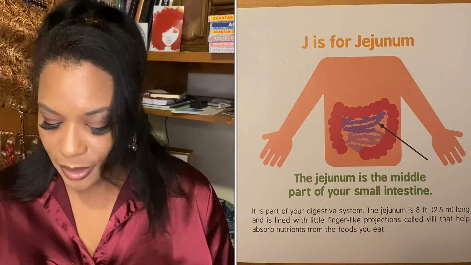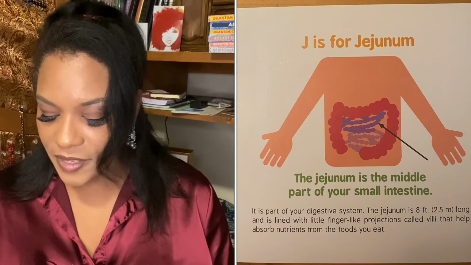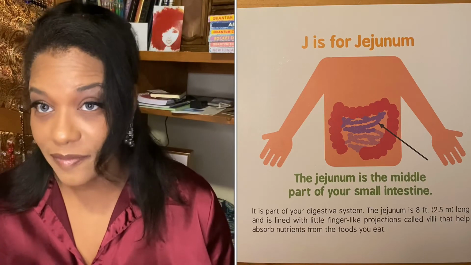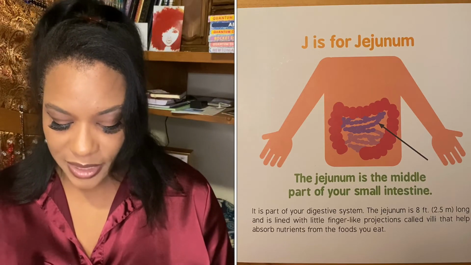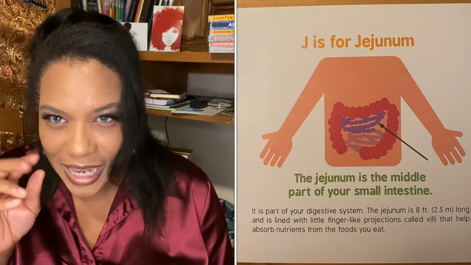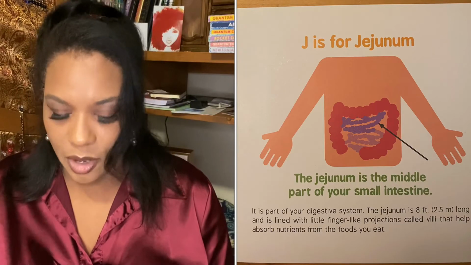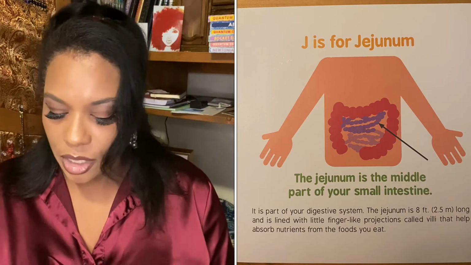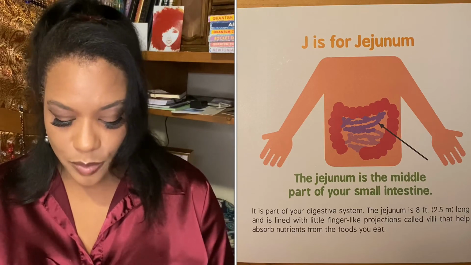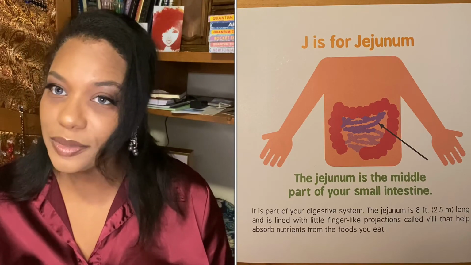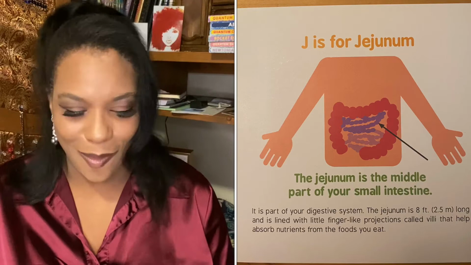The jejunum is 8 feet, 2.5 meters long, and is lined with little finger-like projections called villi that help absorb nutrients from the foods you eat. Wow!